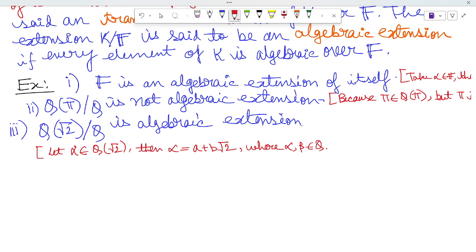Fine. So I have to construct a polynomial whose root is alpha. For this I will just play with a and b and I will rationalize the coefficients.